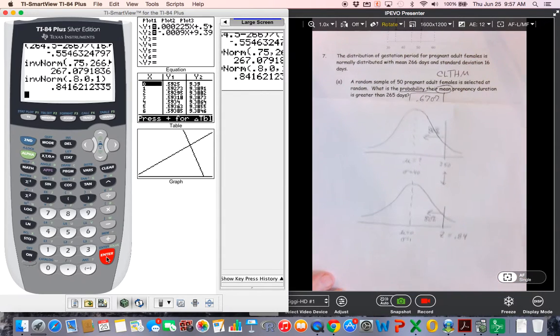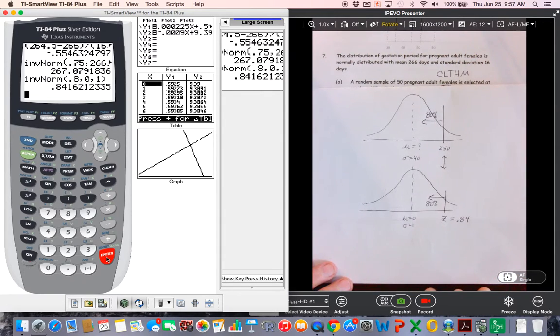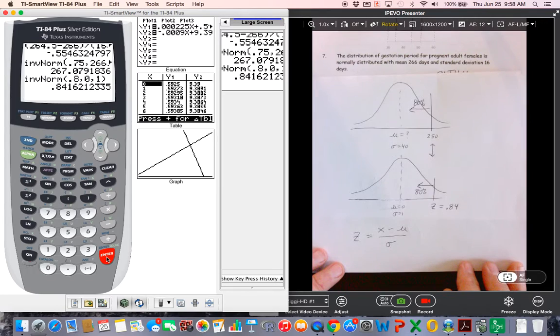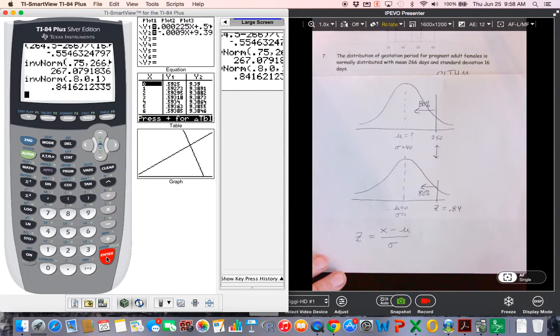So now putting everything together, we know that the z-score is x minus mu divided by sigma when we take things one at a time, which we're doing in this distribution. It doesn't say anything about a mean taking 50 at a time or whatever. It's just the mean of a distribution of scores.